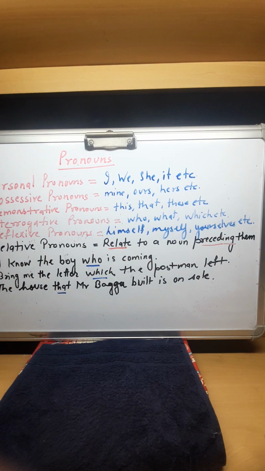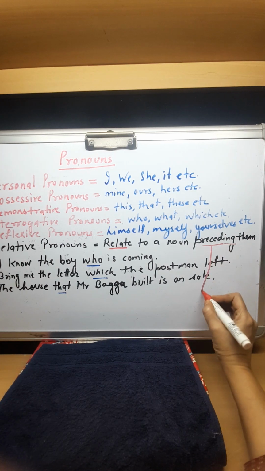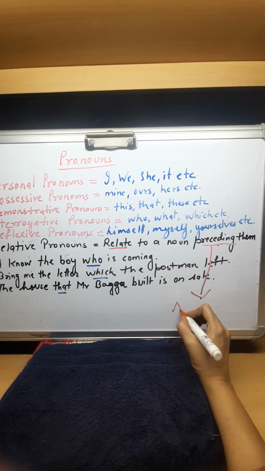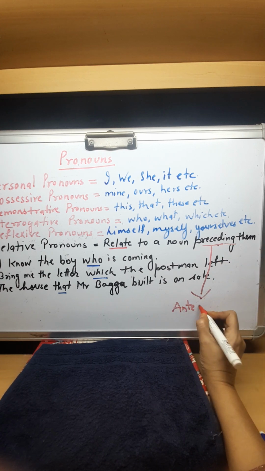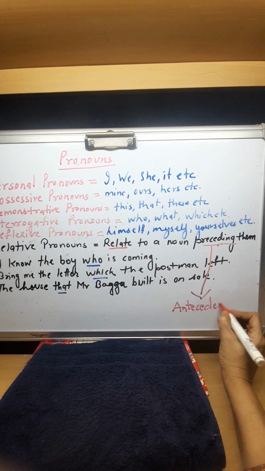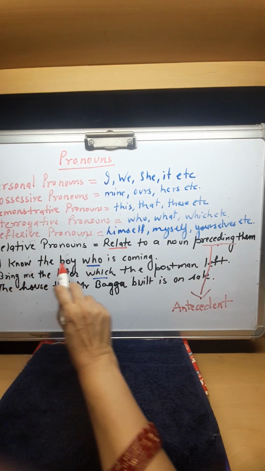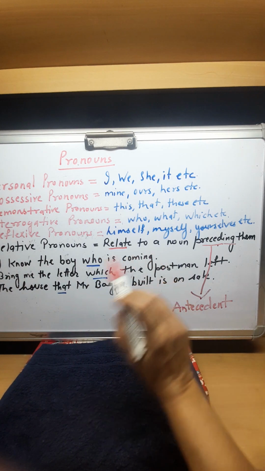Now, I would like to tell you one difficult word, and it is: the preceding noun is called antecedent. So, there will be an exercise which will ask you to find out the relative pronoun in this sentence.